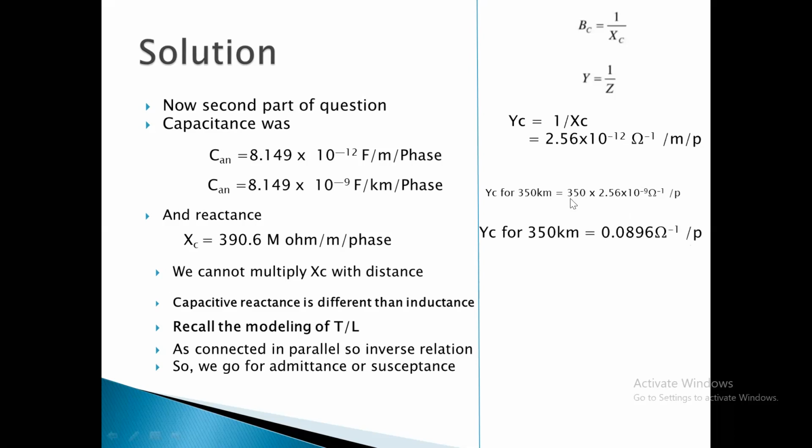I just multiplied with the total distance. But what I need is the capacitive reactance, so I convert again: YC is equal to 1 over XC, so XC will be 1 over YC. I put the value and get the final answer, 11.16 ohm per phase. This is the capacitive reactance.